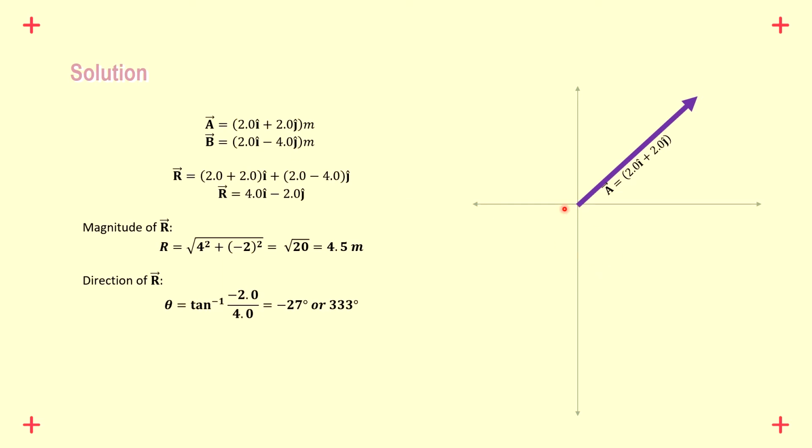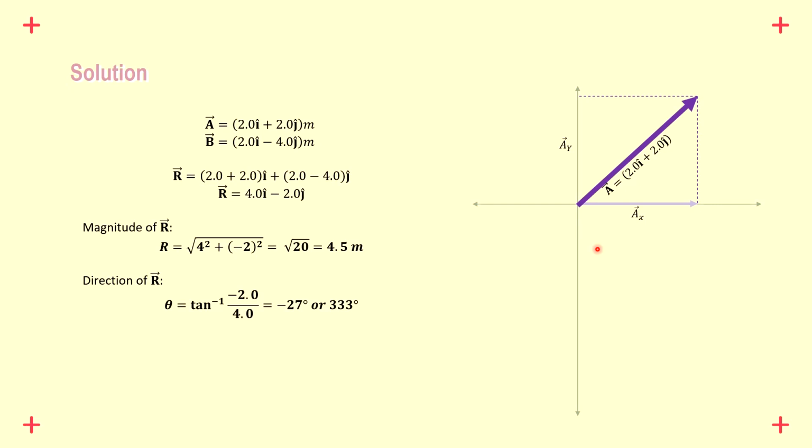Resolving A into two components, x and y. Since this is already in rectangular notation, we can already take note that Ax is equal to 2 and Ay is also equal to 2.